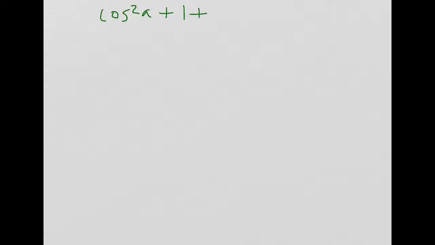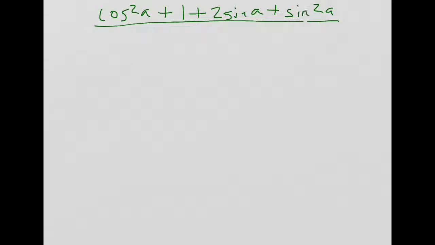I'm just going to write it out like this. Oh, that's not cosine, that's a sine. That's sine squared A, in case you can't read that.